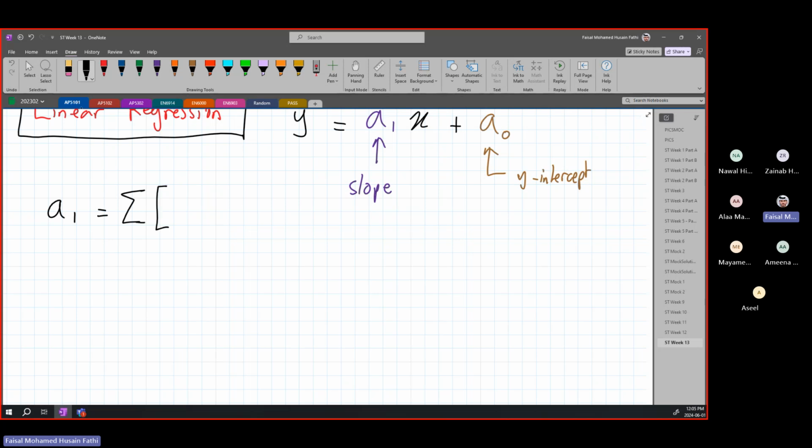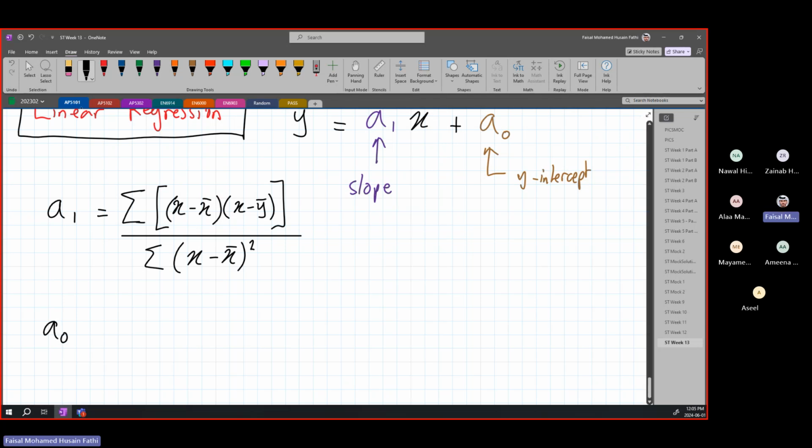So it is going to be the summation of x minus x bar into y minus y bar over the summation of x minus x bar squared. All right. And a0 is very simple. a0 is always just y bar minus a1 x bar, okay?